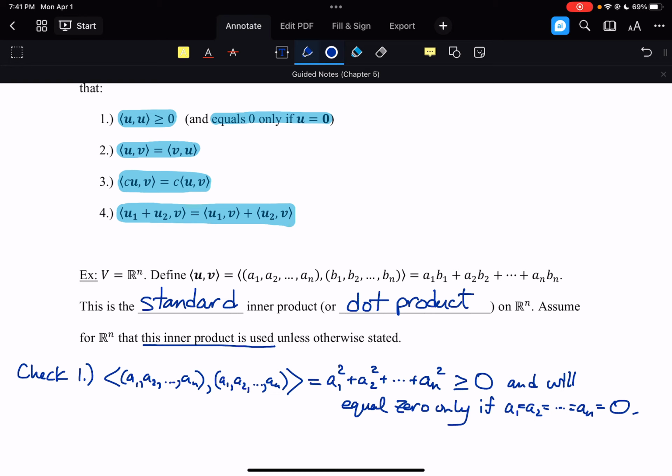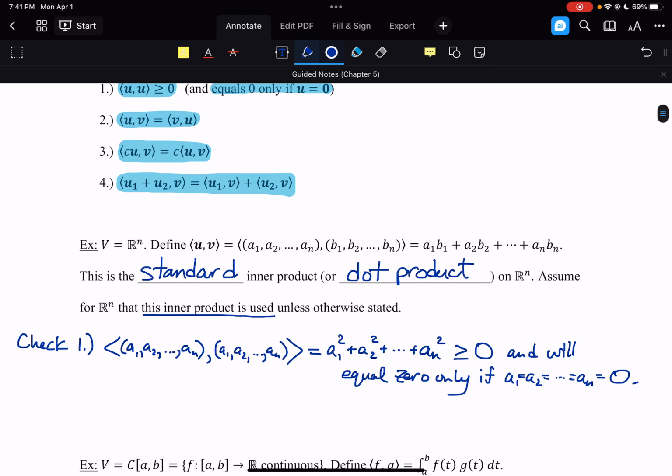Okay, so the inner product, or the dot product in this case, produces a number that is greater than or equal to 0 that will only be 0 if all of the values in the vector were 0. In other words, if the vector was the 0 vector that went into it.